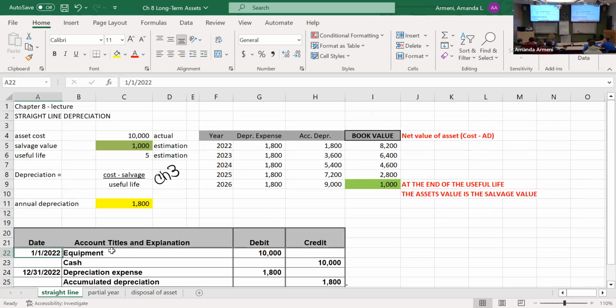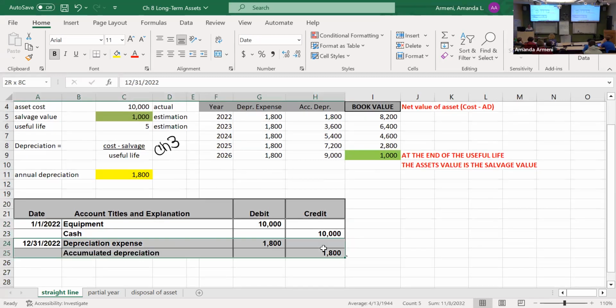We accounted for the purchase of the asset itself, and then we accounted for the annual depreciation by debiting depreciation expense. It's an expense, which means it's a component of equity. It's always decreasing equity. That's why it's our debit. And then we made a credit to accumulated depreciation.